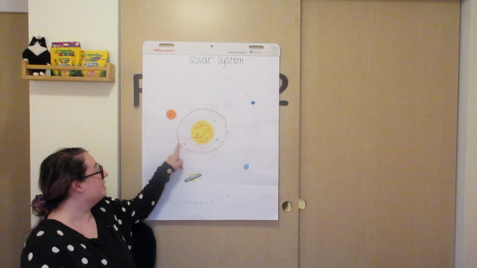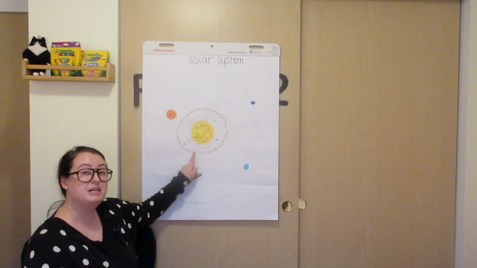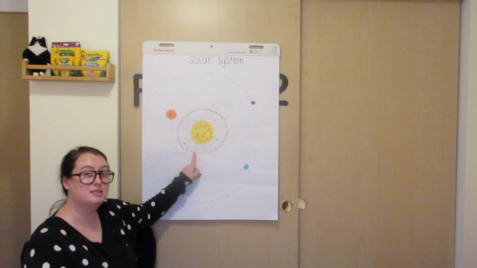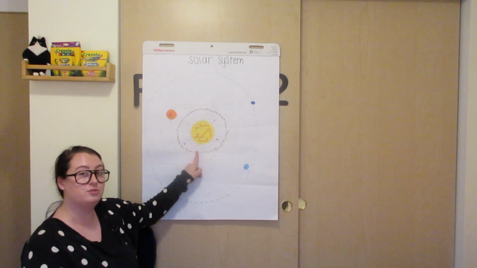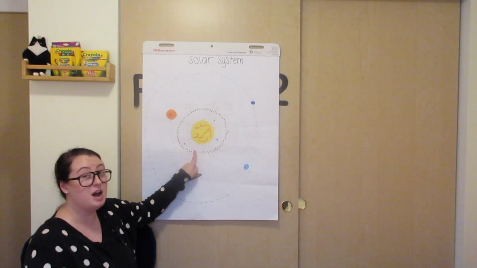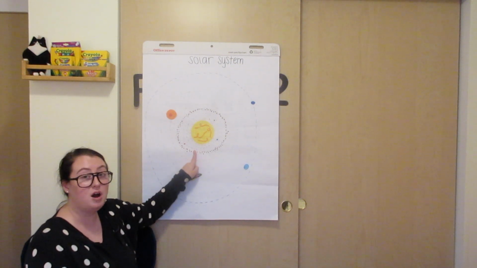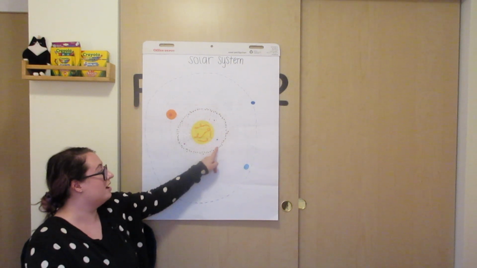After Mars, there is a big ring of rocks. The space rocks are called asteroids, and the big ring of space rocks, or asteroids, is called the asteroid belt. These are not planets. They are smaller rocks, but they still move in a circle around the sun.